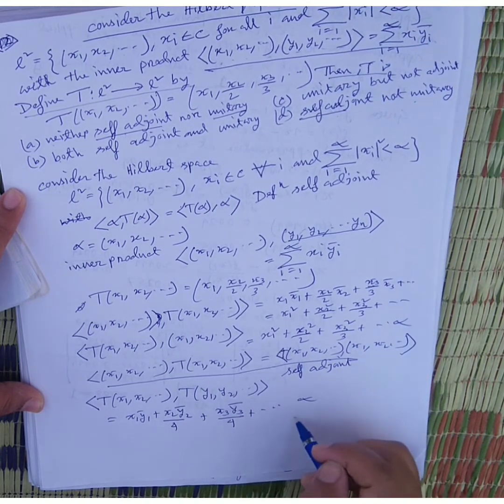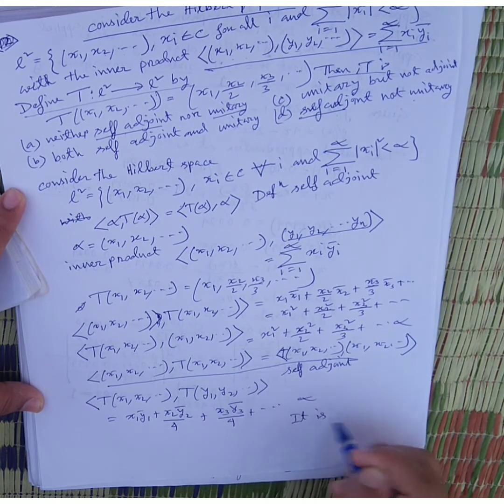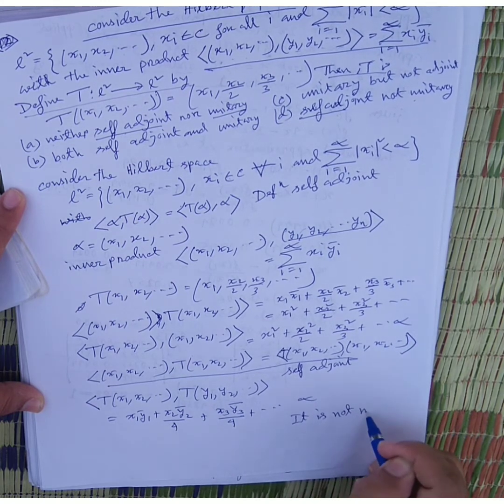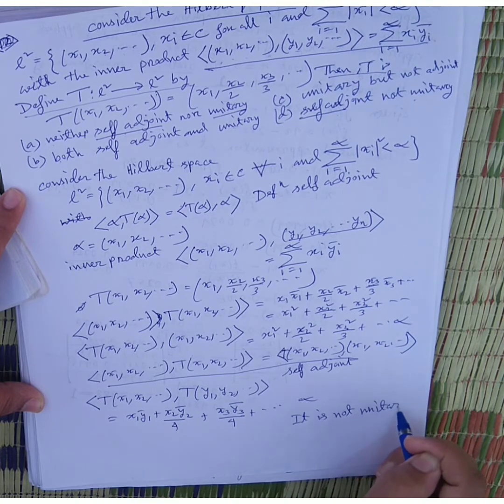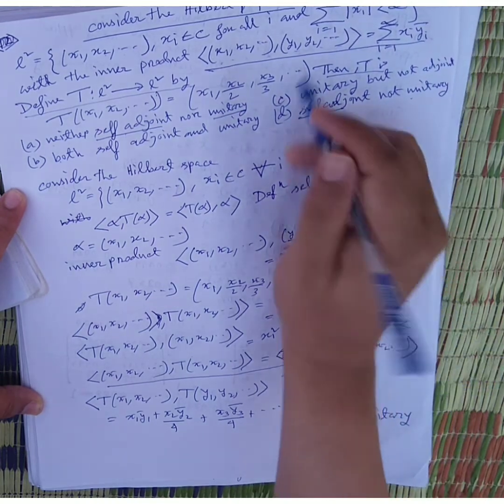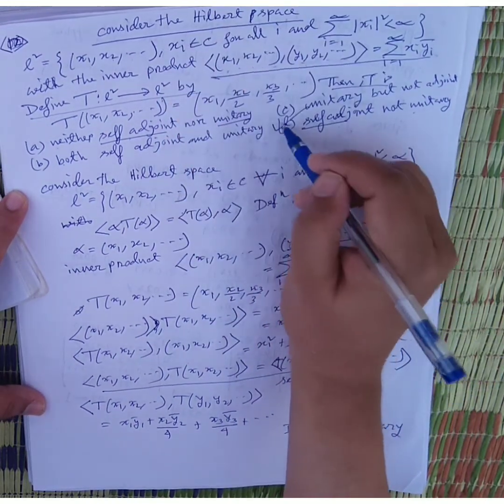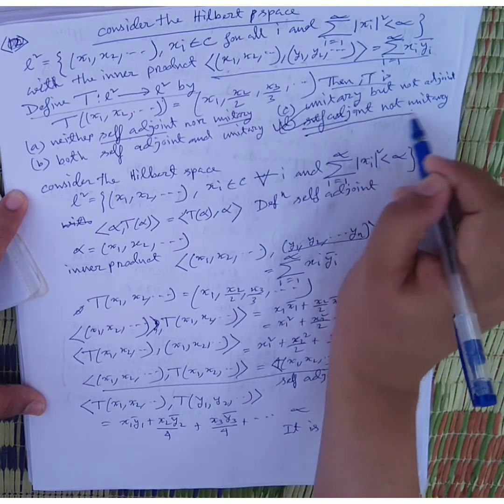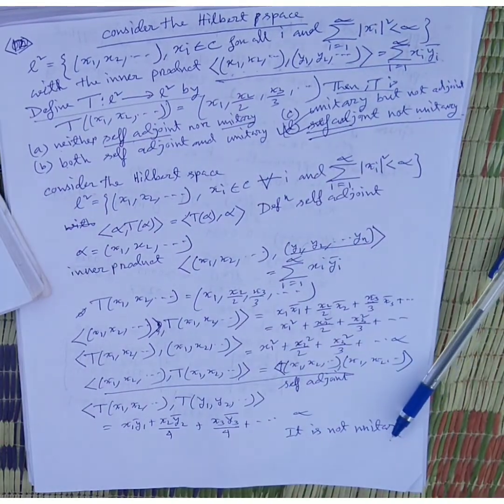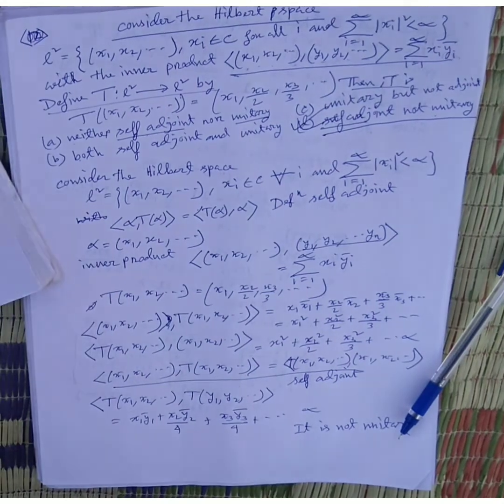It is not unitary. So friends, my answer is D, self-adjoint and not unitary. Thank you.